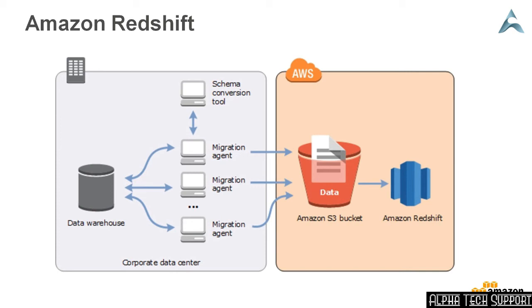We will define the schema conversion tool, establish certain migration agents. Then the migration agents pass our data to Amazon S3 bucket, that is object storage. And after your data is passed to S3 bucket, it is shifted to Amazon Redshift, the data warehouse.